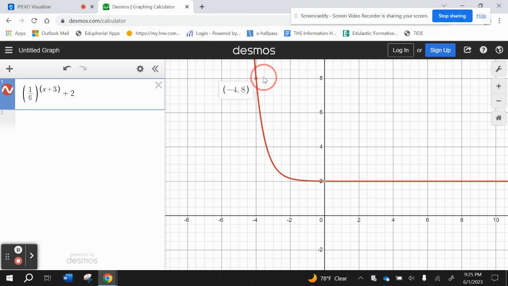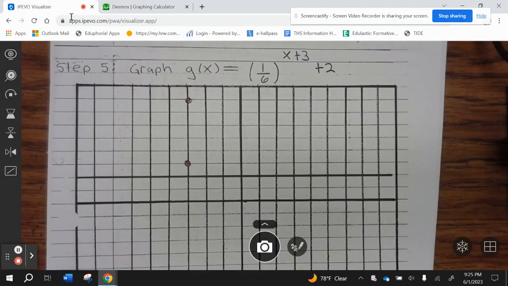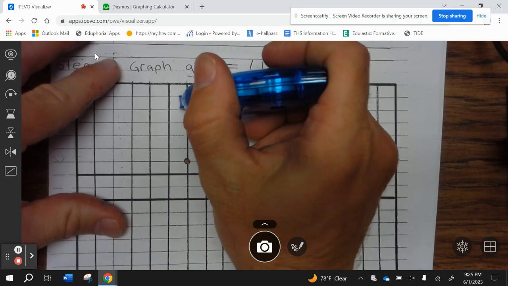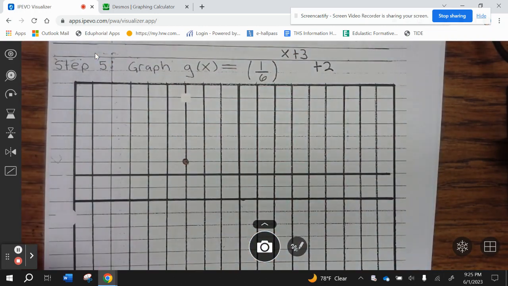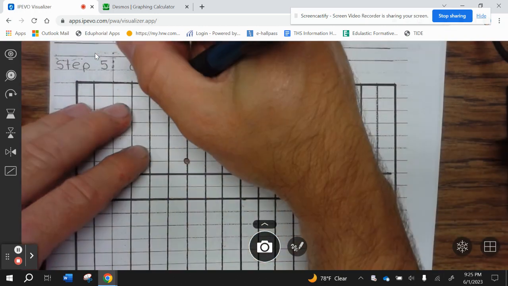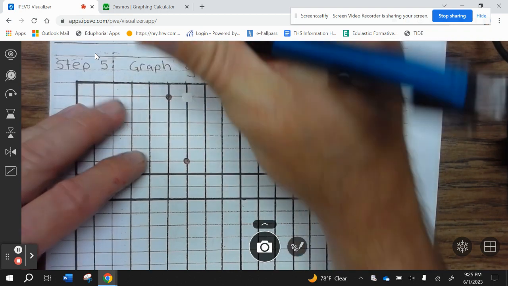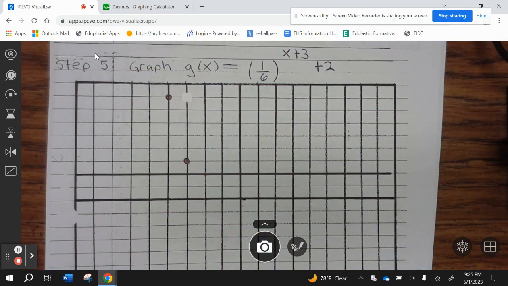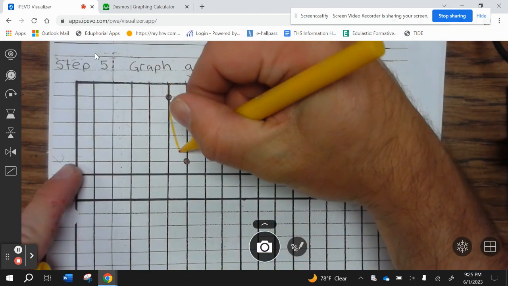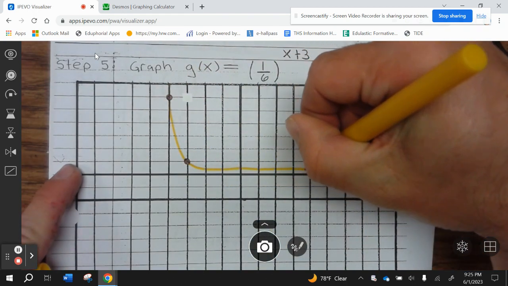So it should actually be negative 4, 8. So let's go ahead and correct that point. And let's see what mistake happened. But before we do that, we see that the curve is going like this.